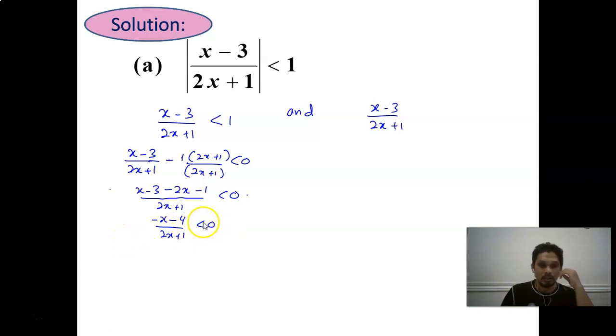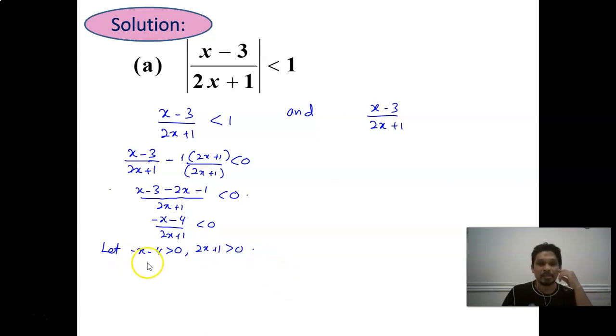So, the sign here is less than. For both of these linear factors, we just assume that negative x minus 4 greater than 0 and 2x plus 1 greater than 0.